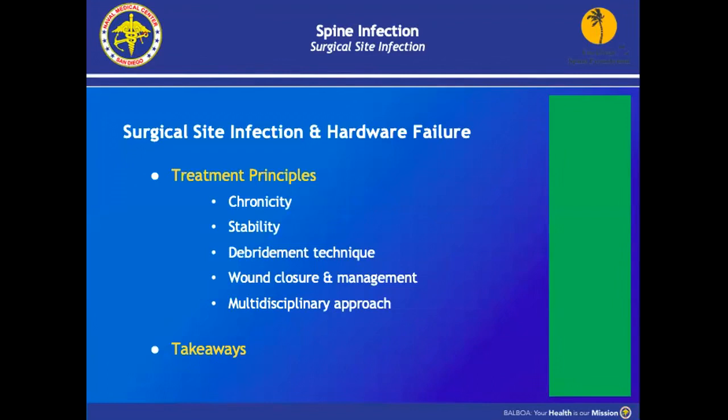You're getting ID on board for targeted antibiotics, and then even possibly involving plastics on a multidisciplinary level, with the main goals of treatment being efficient eradication of the infection, obviously wound healing, maintenance of the mechanical integrity of the instrumented fixation, and then viability of bone graft.